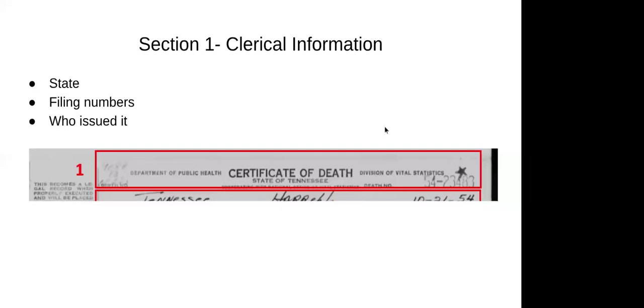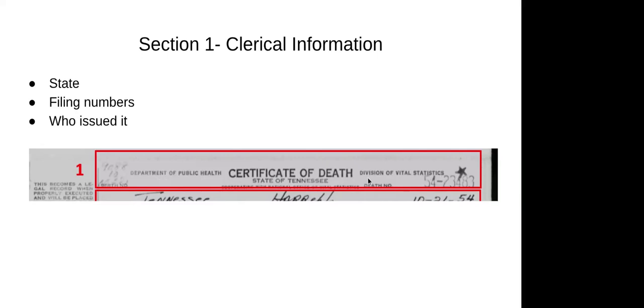Typically, with a death certificate, there are 4 main sections, and those are what we're going to talk about next to look at to get all of the information that you possibly can out of a death certificate. The first section we have is the clerical information. This typically says what state it's from, who required it, who issued it, the Department of Health, vital statistics.